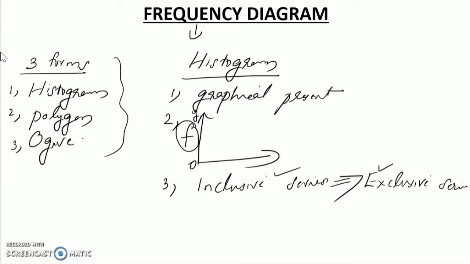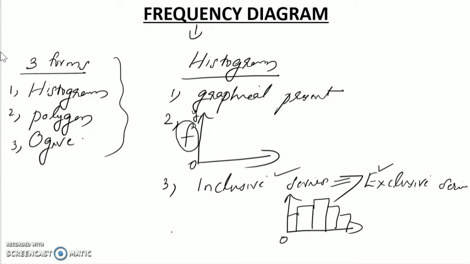Why we are changing this to exclusive series is that in the histogram there is no gap between two bars. That is why we are changing the inclusive series data into exclusive series.